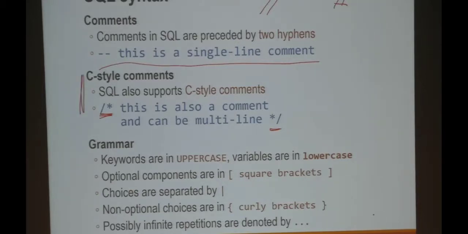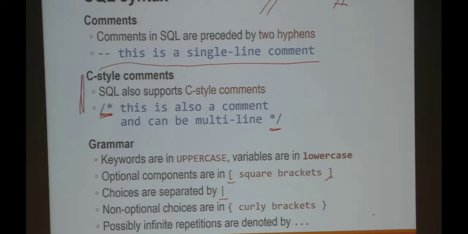All right? Okay, and just to recap, the rule of the grammar is kind of the same as if you're going for other modules. Optional components, square brackets. If there are choices between those, we use the vertical bar.